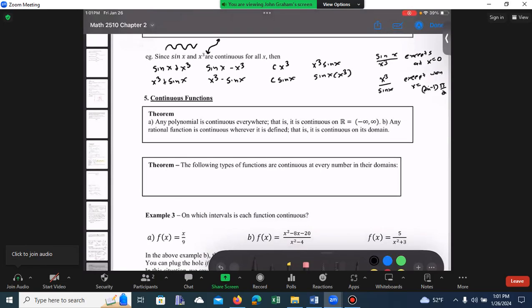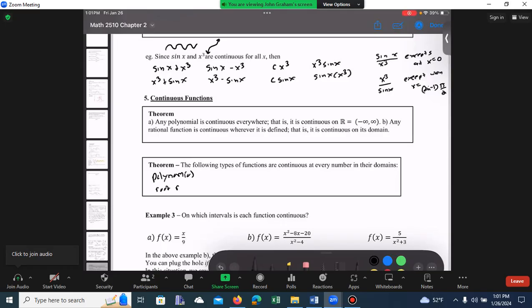Any polynomial is continuous everywhere. That is, it's continuous on all real numbers. Any rational function is continuous everywhere it's defined, so anywhere in its domain. Okay, so there may be points again of discontinuity. But again, polynomials, they're one of the better ones because you don't have to worry about any discontinuities.